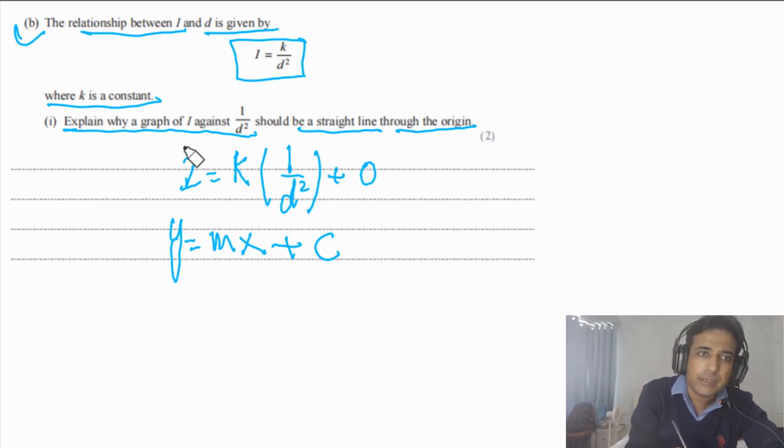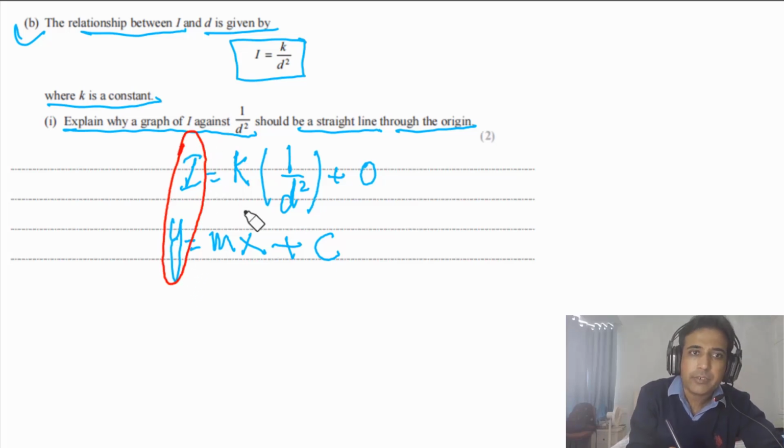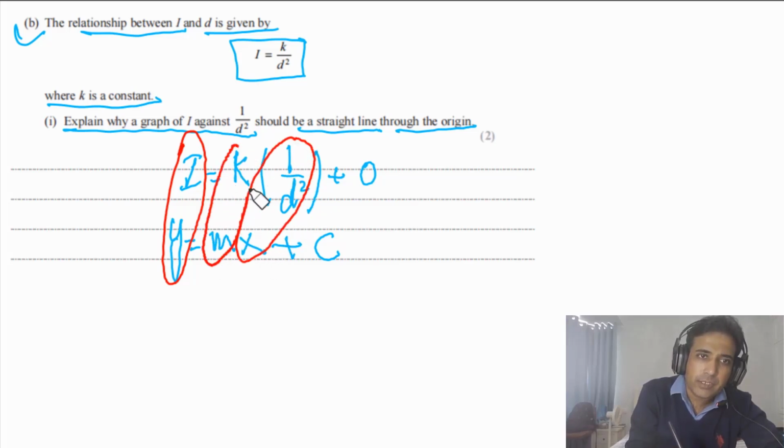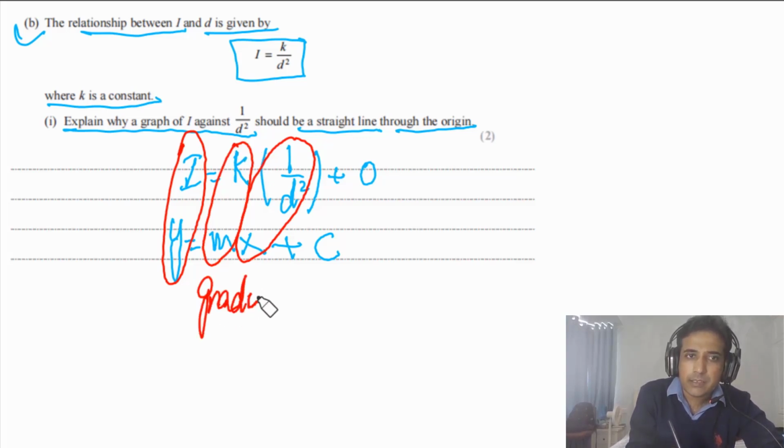In this case, on the y-axis we have current, and on the x-axis we will have 1 over d squared. The gradient in this case will be equal to k, and k is a constant.